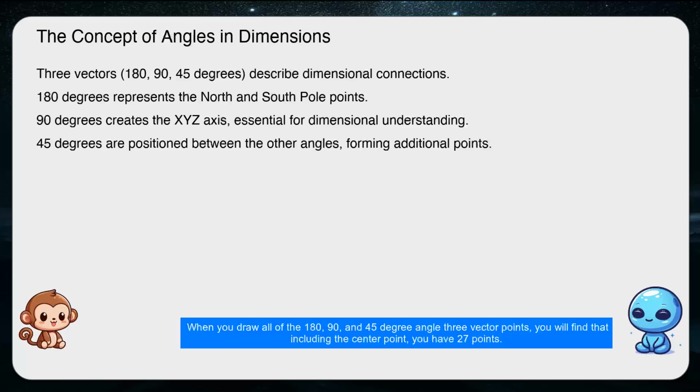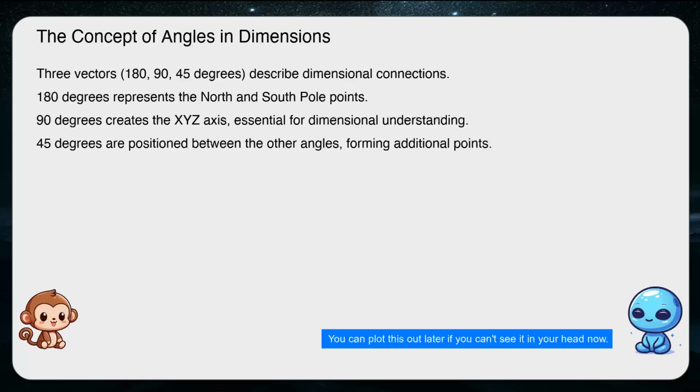When you draw all of the 180, 90, and 45-degree angle three-vector points, you will find that including the center point, you have 27 points. You can plot this out later if you can't see it in your head now.